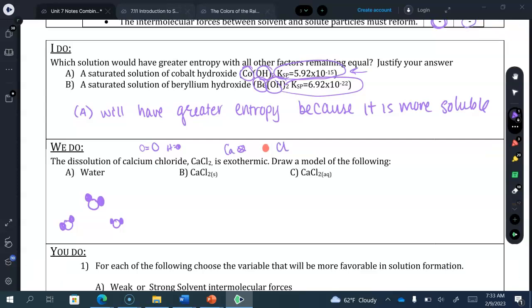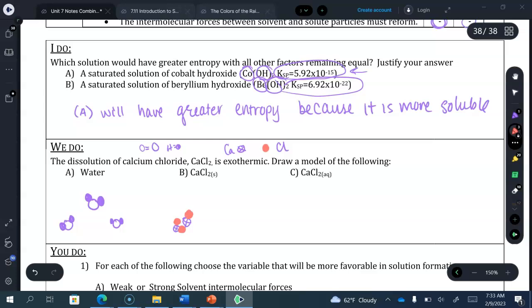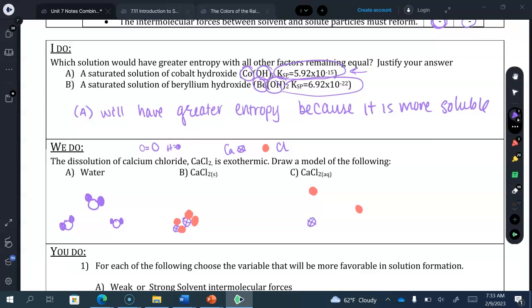So when we draw calcium and chlorine, we have 1 calcium for every 2 chlorides, and so we're going to draw that repeating pattern. And we don't have to draw a bunch. Okay, then when it's aqueous, we should show the ratio, so there's 2 chlorides and 1 calcium, and that the water molecules are going to orient around those and create a hydration shell.